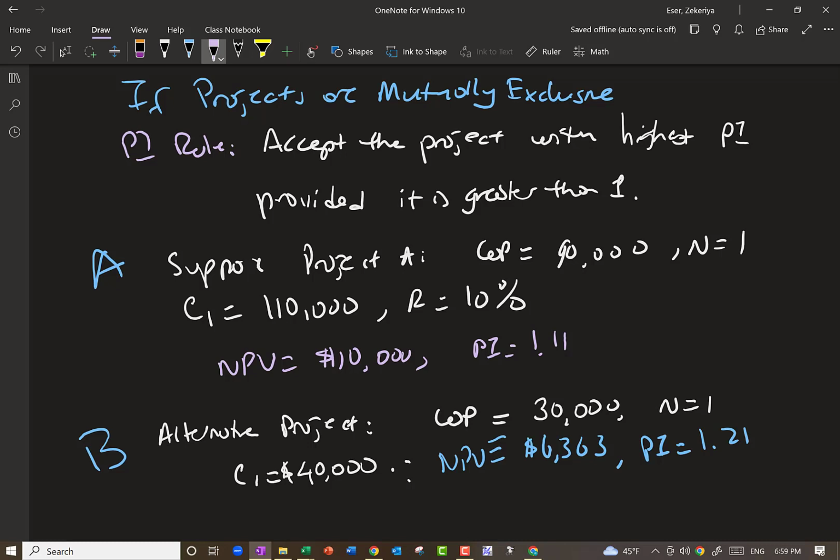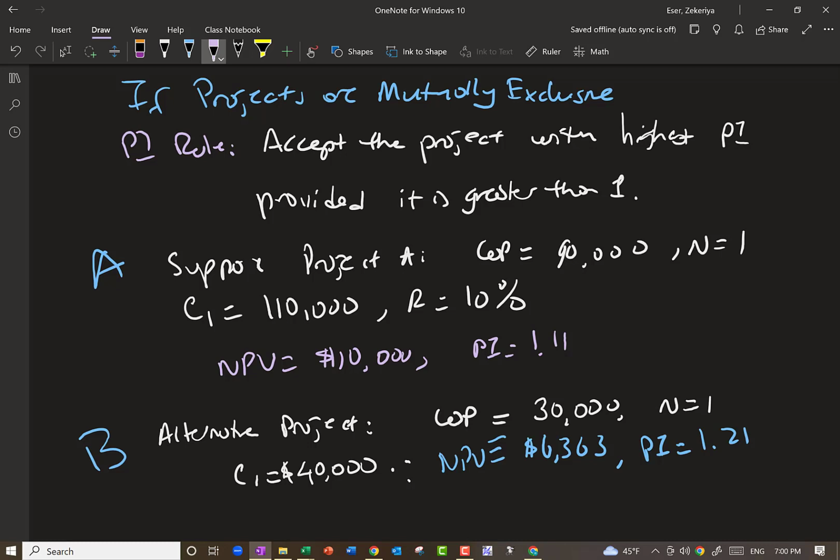Just read the numbers and remember what the NPV rule is. NPV of B is 6. NPV of A is 10. So you would pick A because it has higher NPV. Remember, the NPV rule says pick the project that has the highest NPV provided it's positive. So A is greater than B and it's also positive, so you would go with A.